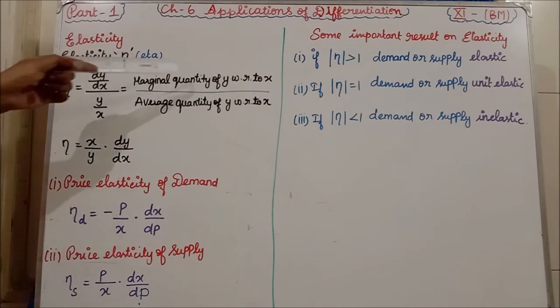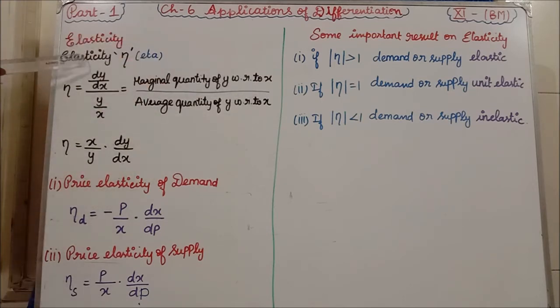So marginal quantity of y with respect to x means dy by dx, divided by average quantity of y with respect to x, which means y by x. If the denominator part comes to the numerator, eta is equal to x by y into dy by dx. This is the formula for elasticity.